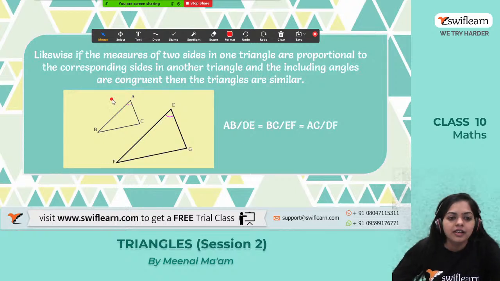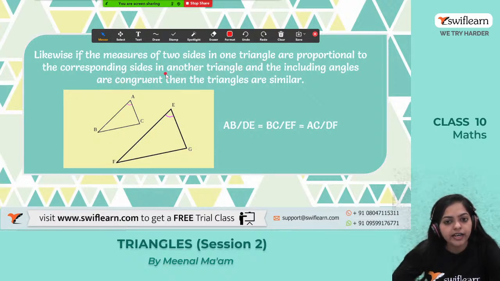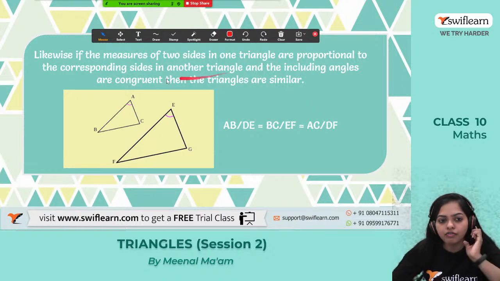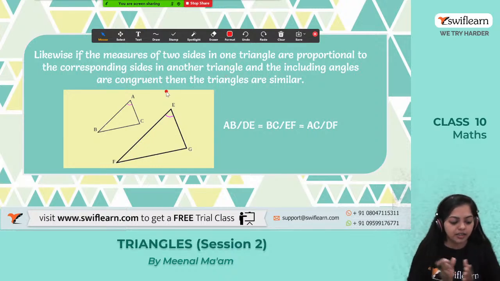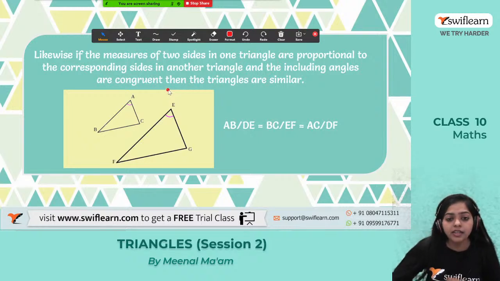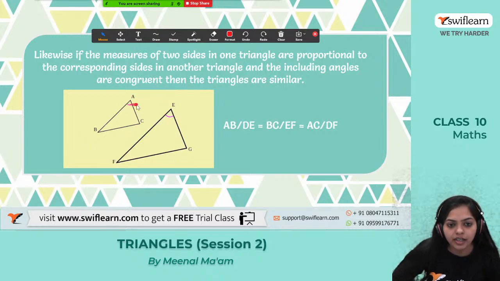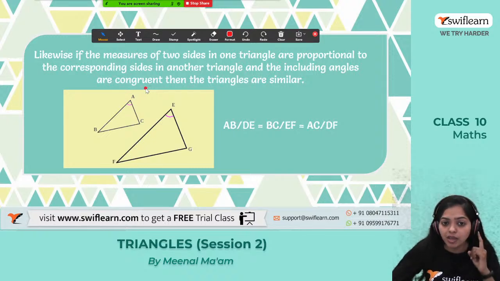Now, likewise, if the measure of two sides in one triangle is proportional to the corresponding sides in the other triangle, and the including angle, meaning the angle between those two sides, is also congruent, also the same, then the triangles are similar.